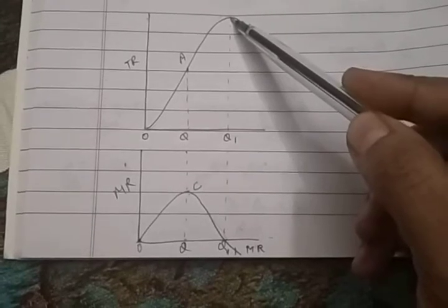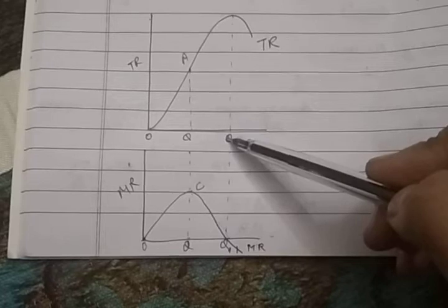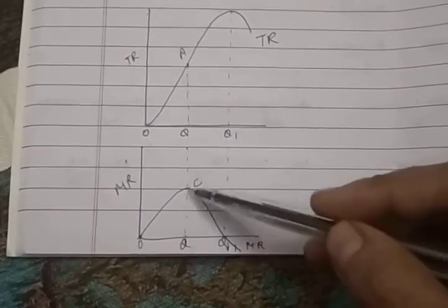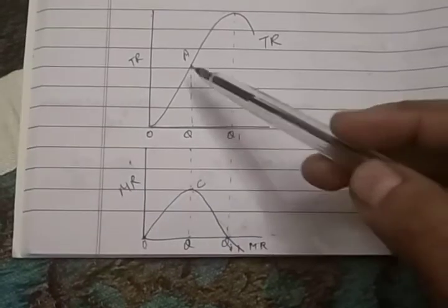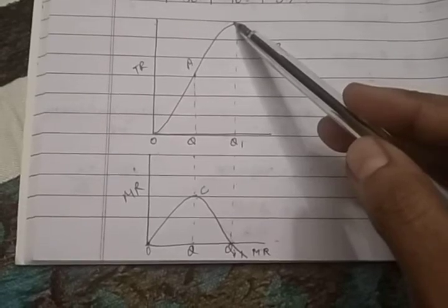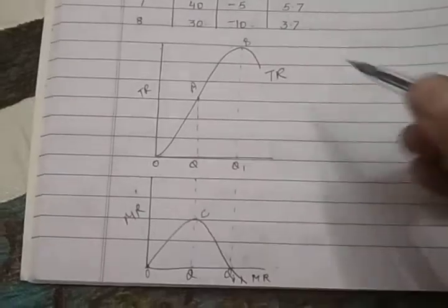So in the diagram, between the Q to Q1 level of output, MR decreases but remains positive, and accordingly TR also increases at a decreasing rate from point A to point B.